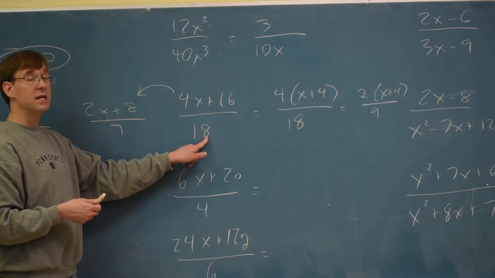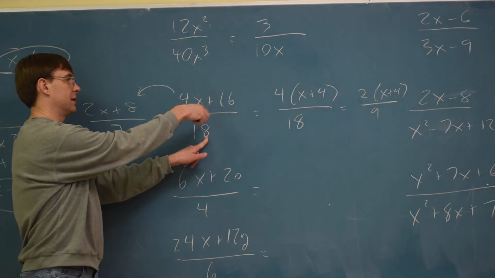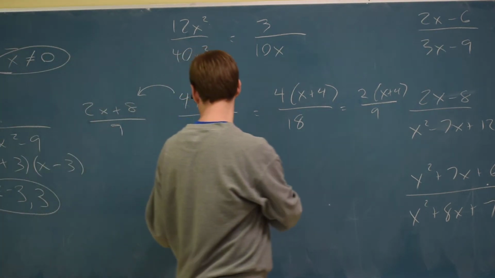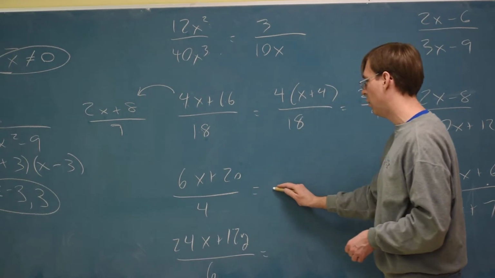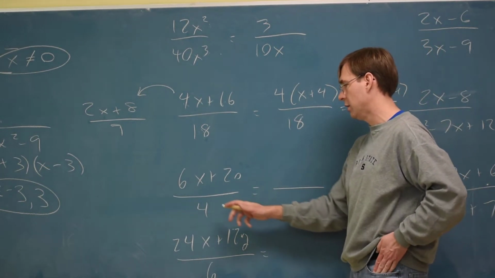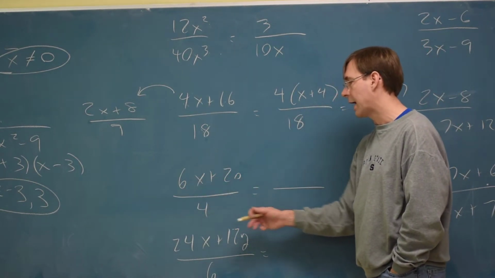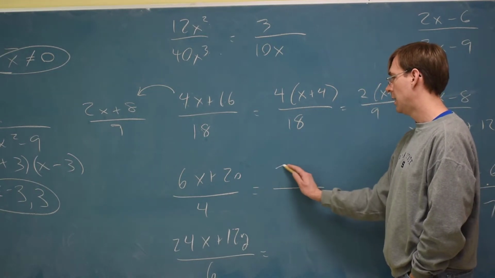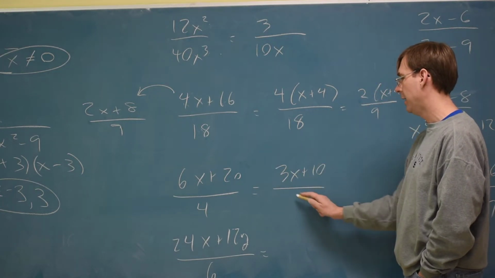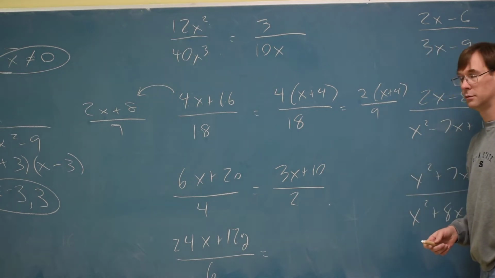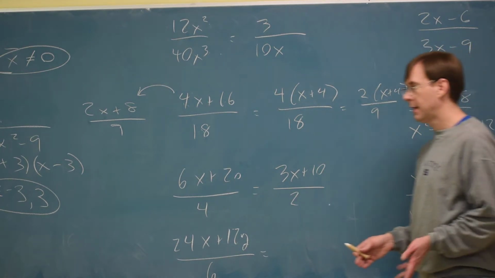If this were a 17, you can't do it, because nothing goes into anything. So this would be another example of one that I could go ahead and just triple play reduce. This, and this, I can divide them all by 2, and just skip the 3x plus 10 on top of 2. If you don't get that, then don't do that.